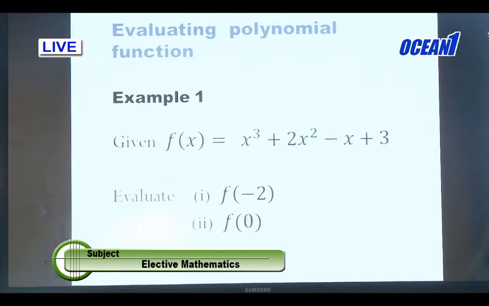So our function is f of x equals x cubed plus 2x squared minus x plus 3, and we have to evaluate f of minus 2. Let's verify whether our result is consistent. For f of minus 2, we simply put minus 2 wherever we see x.